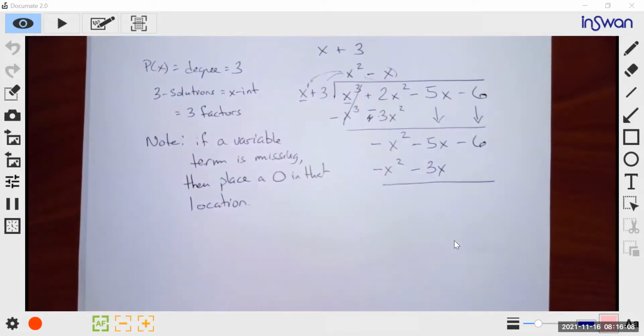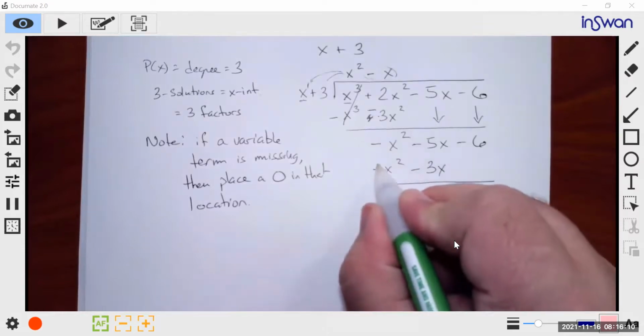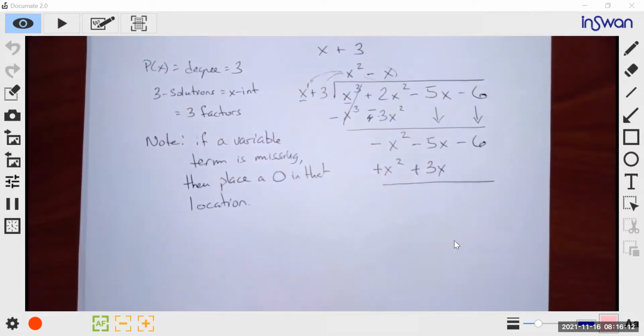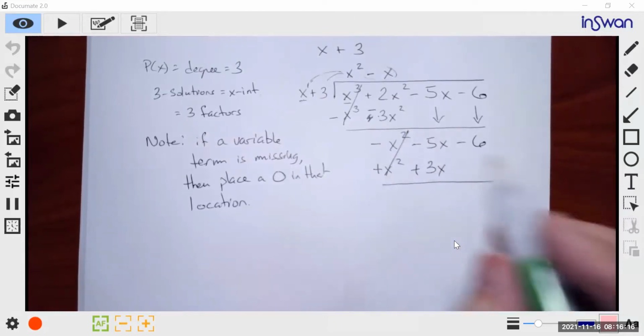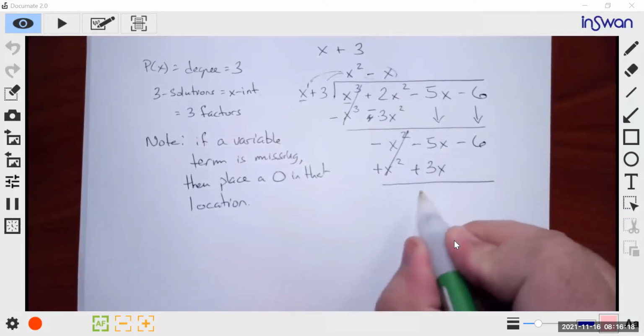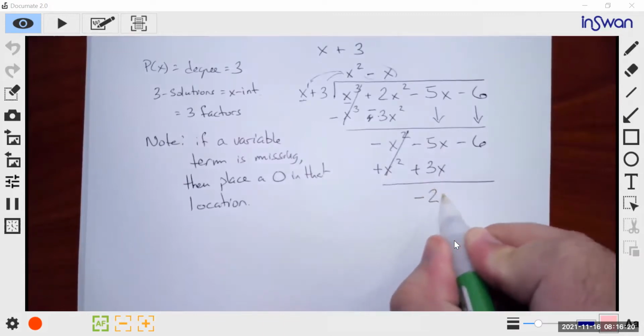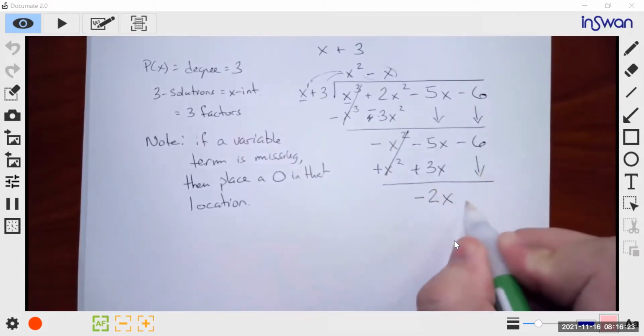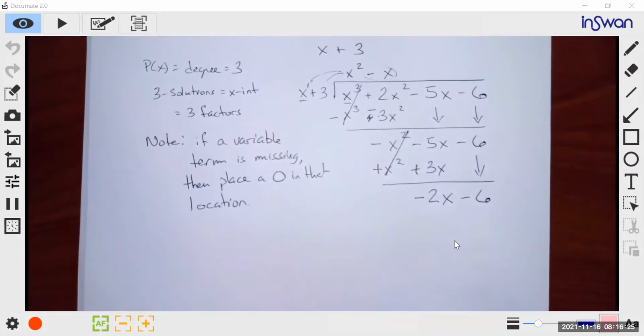Change signs and add. The first terms cancel. -5 plus 3, since 5 is bigger, it's -2. Bring down what's left. And repeat the process.